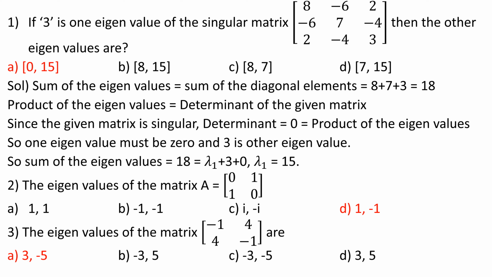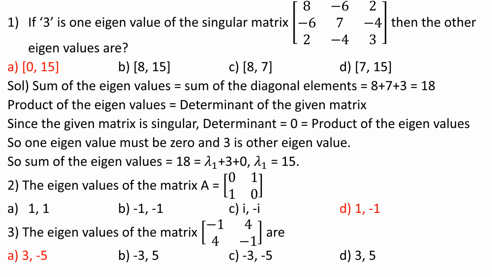Minus 1 minus 1 is minus 2, so option B is also not correct. Option C, i minus i, is 0, so it may be correct. And option D, 1 minus 1, so it may be correct. So here we have to identify the determinant value to see which option, C or D, is correct. Determinant is nothing but 0 into 0 minus 1 into 1, so minus 1.